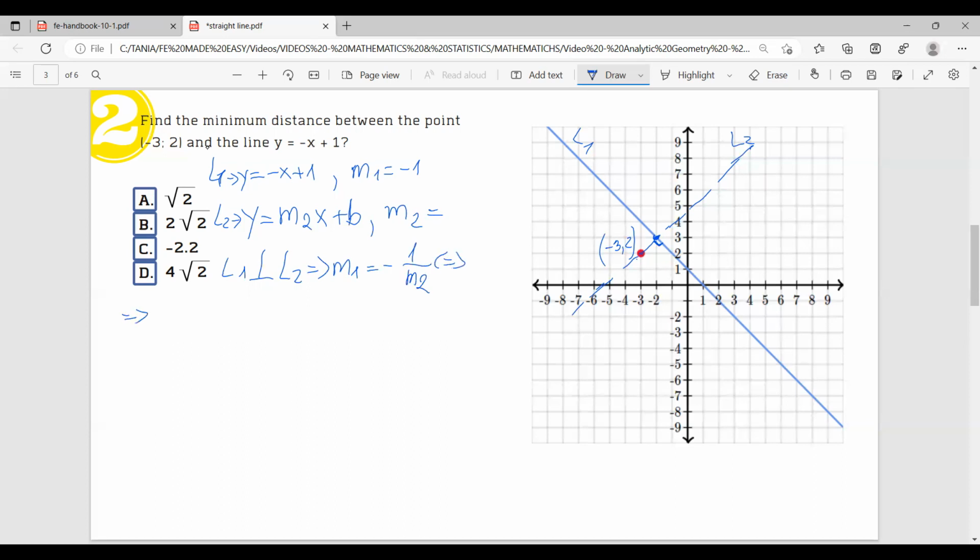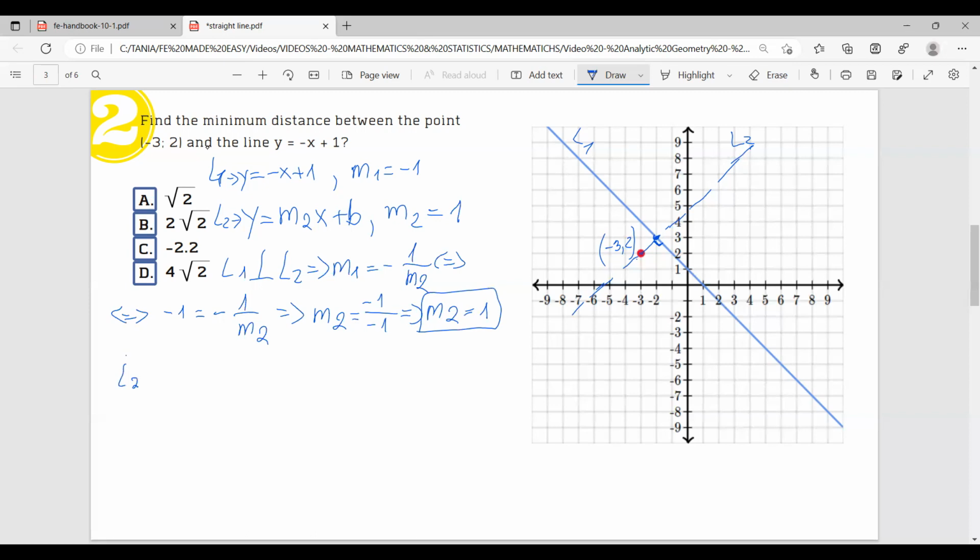We substitute m1 is minus 1 equals minus 1 over m2. And from here, we take m2 equals minus 1 over minus 1. So this means m2 equals 1. So we have just calculated the slope of the second line, and let's just write the equation. And so m2 here, I'll put 1.